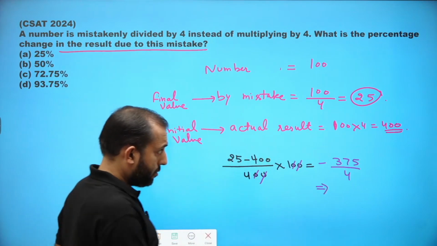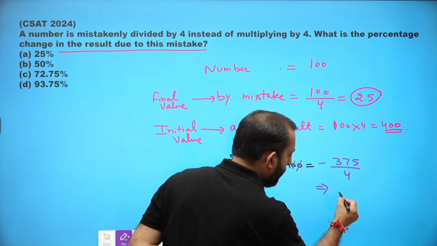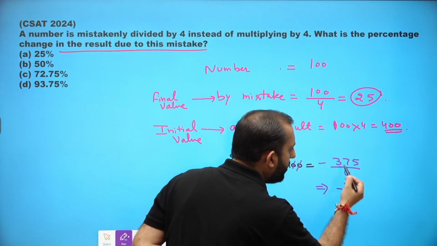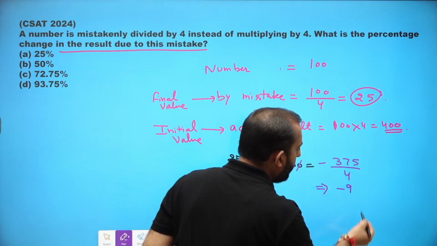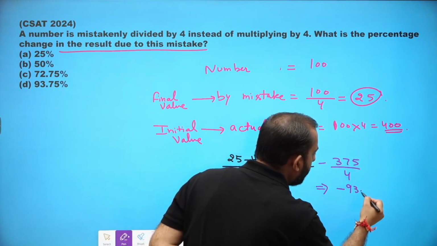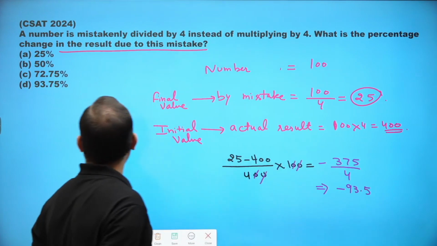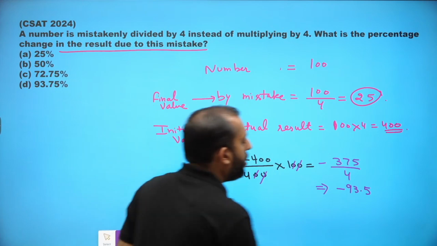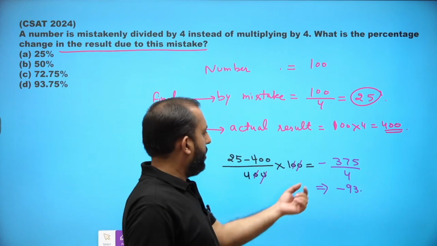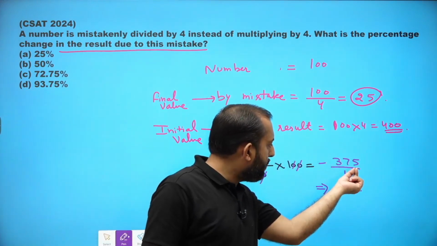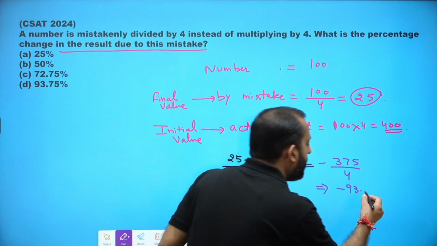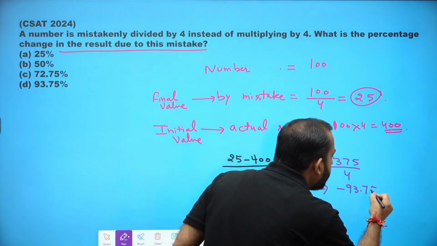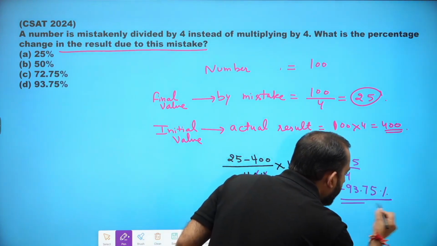Now if we solve this further, 4 9s are 36, it becomes 15, 4 3s are 12, 4 7s are 28, so it becomes 93.75 percent.